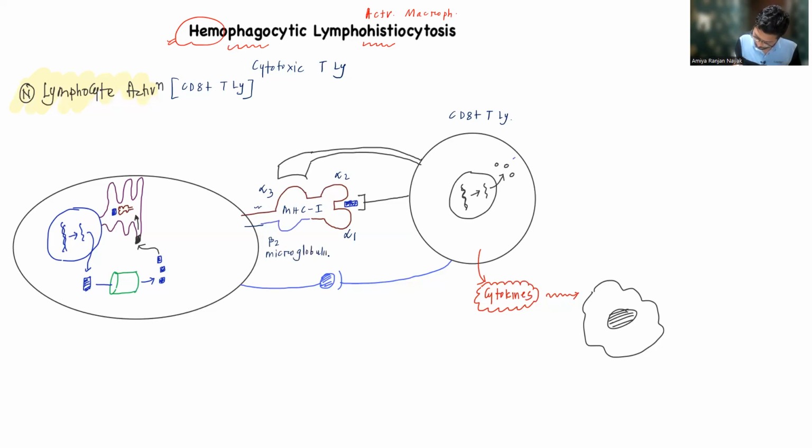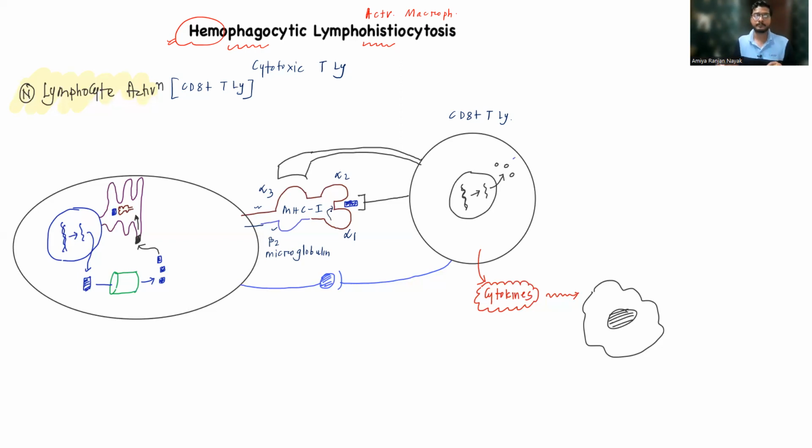So the MHC class 1 molecule is made up of two unequal chains. The alpha chain, which is bigger, has three subunits, and the beta chain is the beta 2 microglobulin. You can also appreciate that the antigen binding cleft is present between alpha 1 and alpha 2.